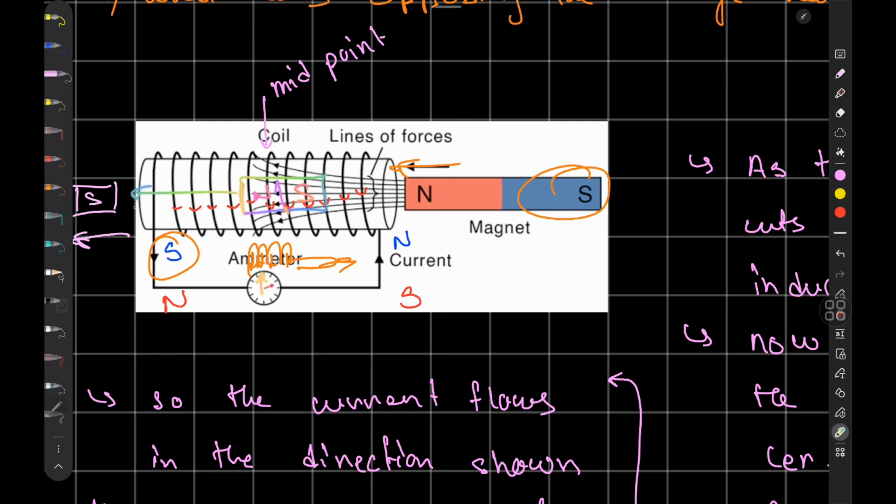And then when it moves out like this, the current is now negative, that is in the different direction. Why? Because a different pole is induced over here. North pole is induced. Initially south pole was induced over here, right? So when it is moving from the middle position to outwards, the current now is actually upwards through the coil like this, which is very interesting, right?